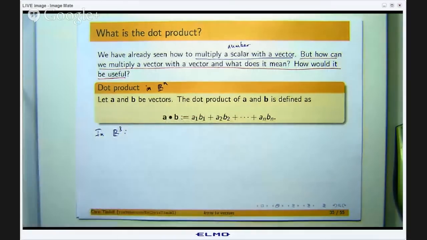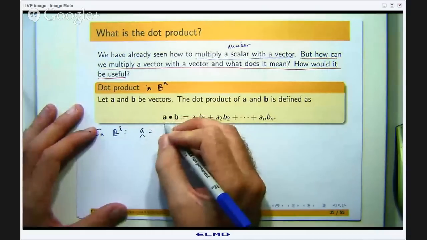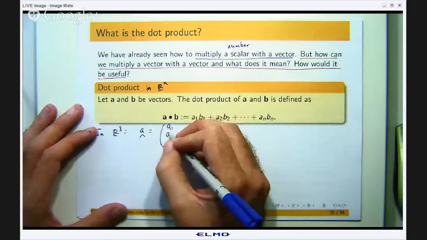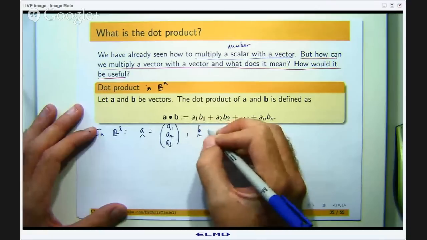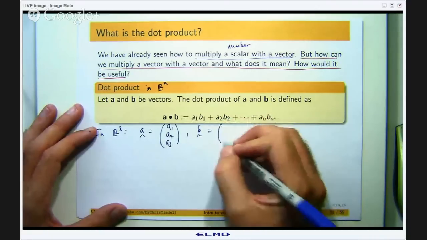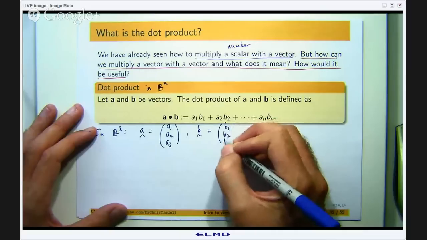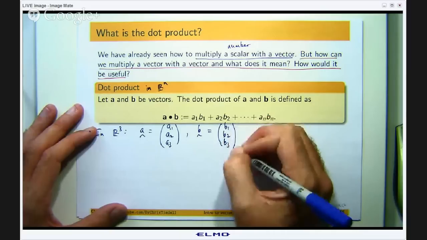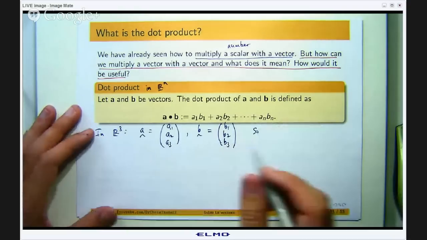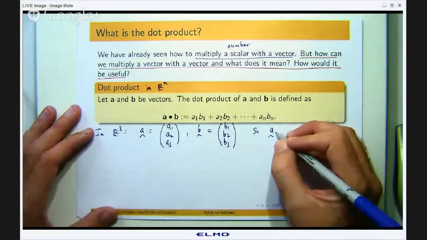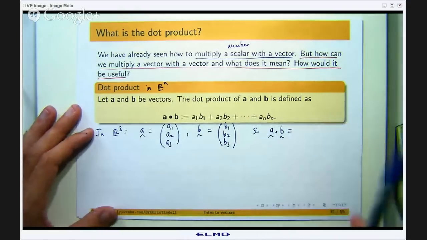Okay, so in this case A might be a column vector with the components A1, A2, A3. The vector B might have components B1, B2, and B3. So the dot product is the following.